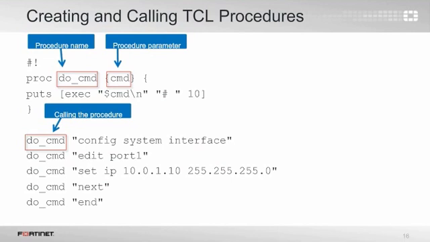This procedure instructs the interpreter to execute a CLI command received through the parameter cmd if the pound is received within 10 seconds. After that, the script calls that procedure 5 times, each time passing a different parameter to configure the IP address in port 1.